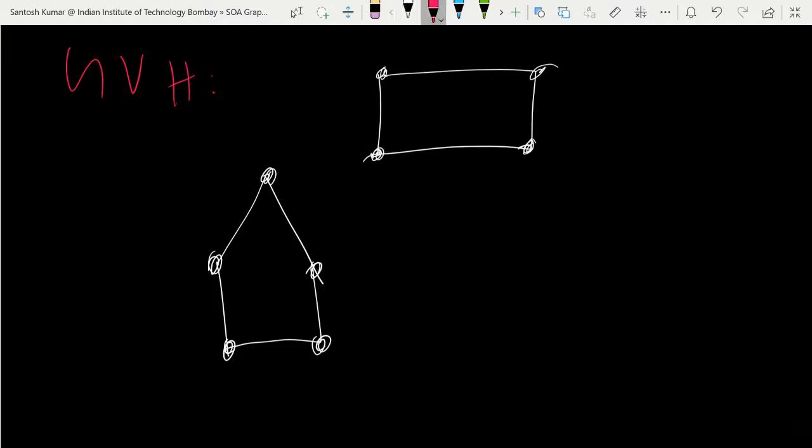Okay. So you join it. Each vertex you have to join with this. Yes, you can join this, and you can join it here like this. Or will it be easier if I make it like this?